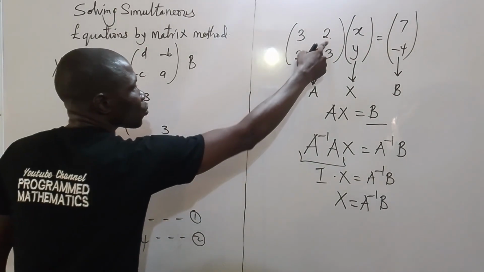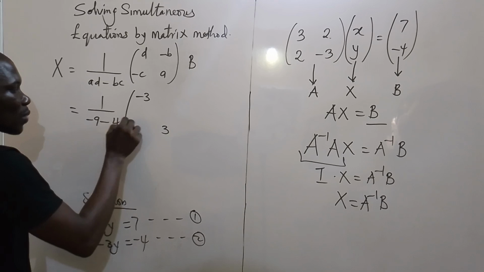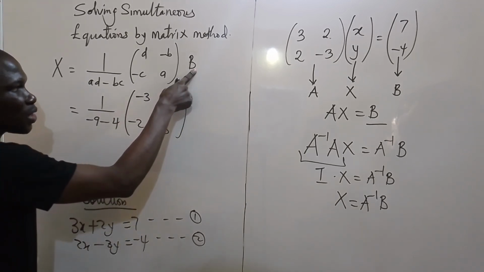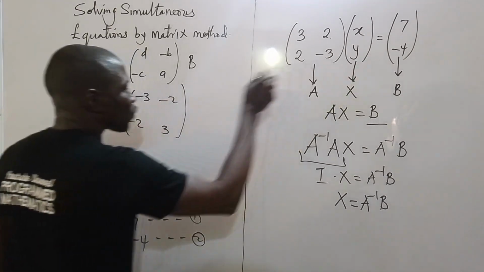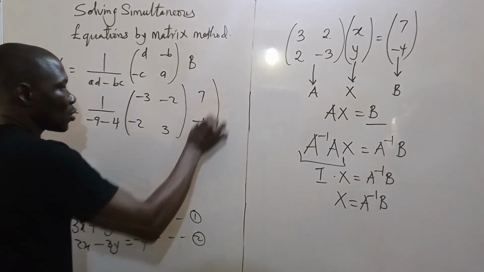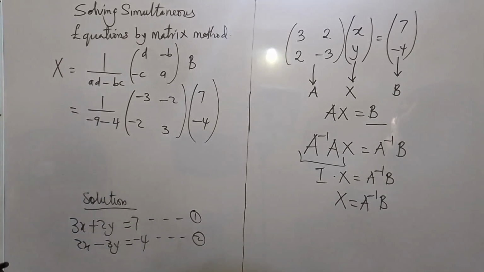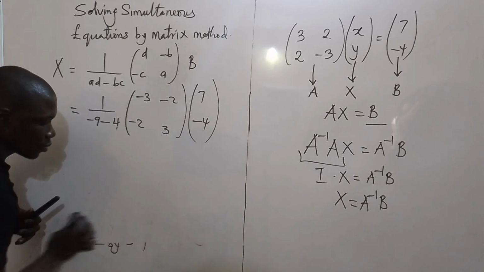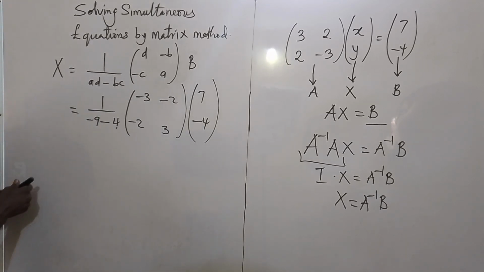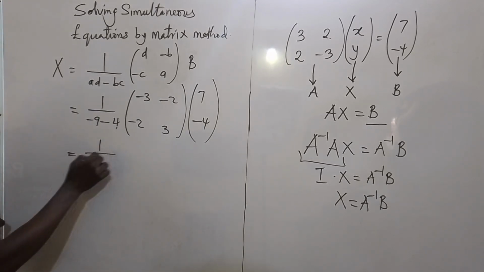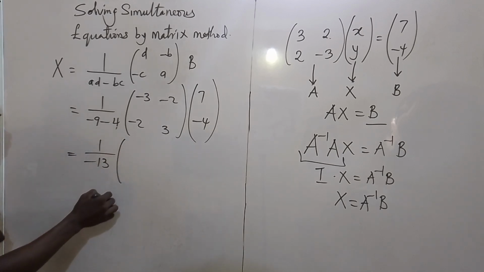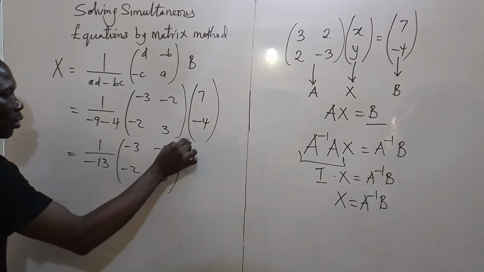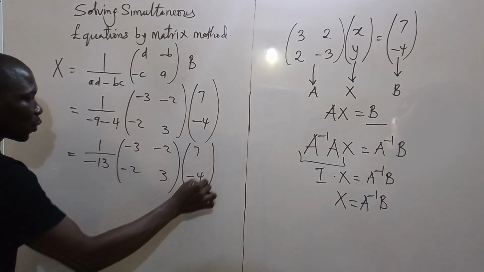The 2 and 2 here will be multiplied by minus 1, so minus 2, that's for this. Then the matrix B itself is 7, minus 4. All right, so every other thing here is to simplify this and multiply out. So this is 1 over minus 13, bracket, minus 3, minus 2, minus 2, 3, then 7, minus 4.